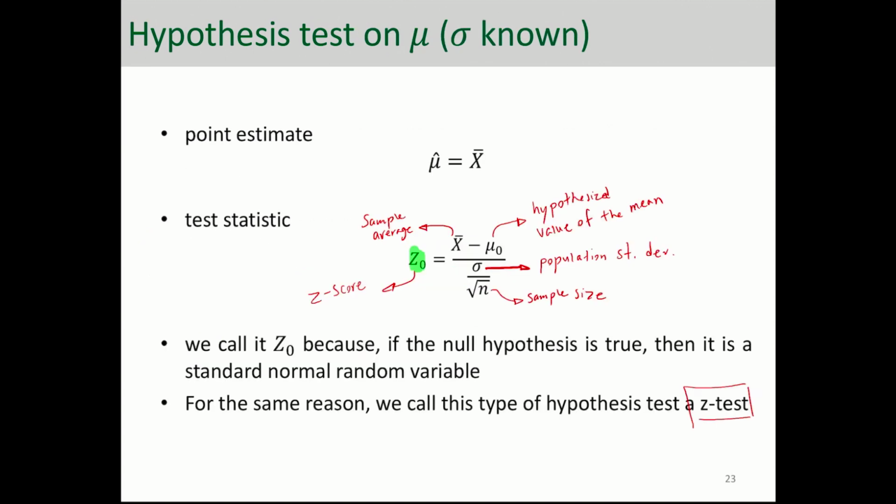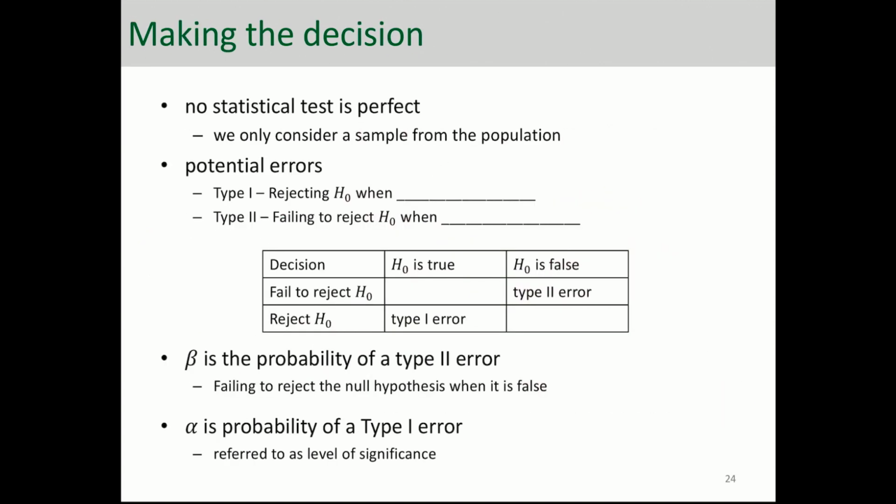So there is a chance of making mistakes, or in other words, errors. No statistical test is perfect because essentially it's based on a sample, and that sample might be a little out of whack, and you make the wrong decision. So what types of errors can happen, right? This is what we want to talk about here.